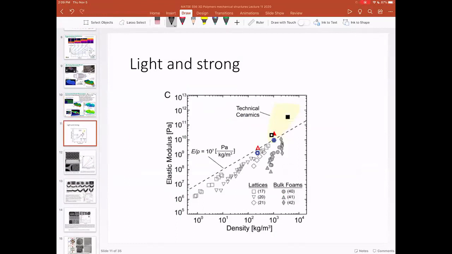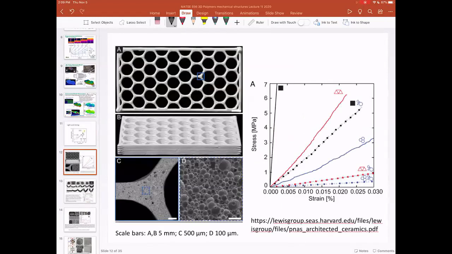So this idea, we've seen this before, and I bring this up just because if we're going to talk about structures, usually you want things that are light and strong. And so you can see here for all different lattices and foams compared to technical ceramics, and this is from this paper that you've seen before from Professor Lewis.